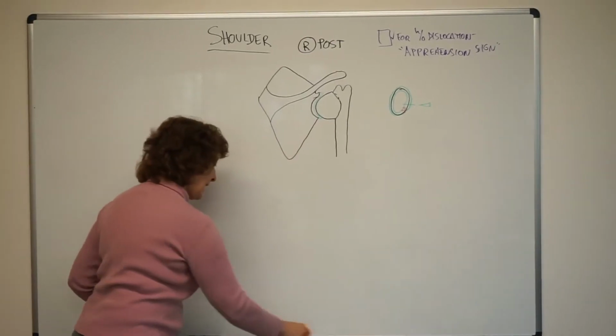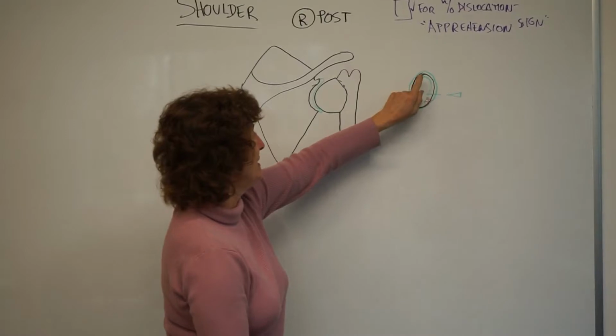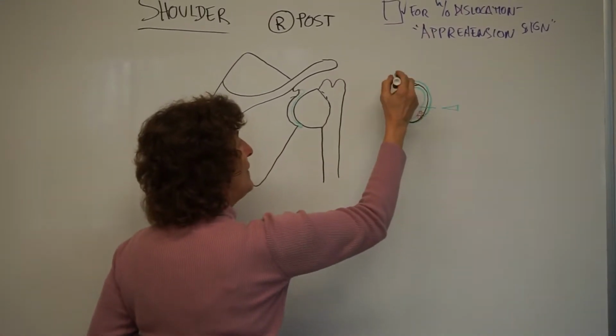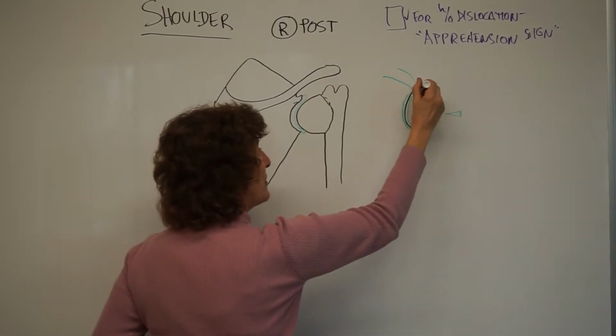Now, in addition, we have the labrum here, and we have another structure that comes in, and I want to bring it in now, and it attaches right to the superior labrum.